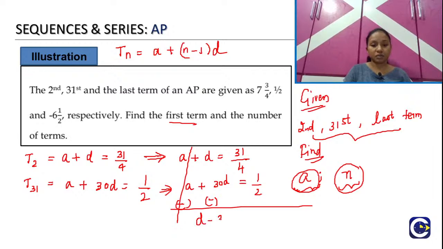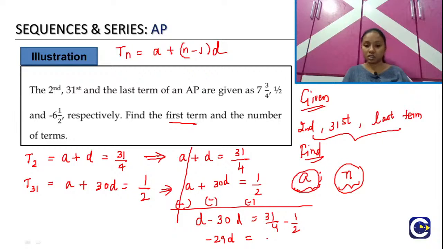And then D minus 30D is equal to 31 by 4 minus half. Right, so here it will be D minus 30D, it will be minus 29D, which is equal to, again LCM will be 4, 31 minus 2.